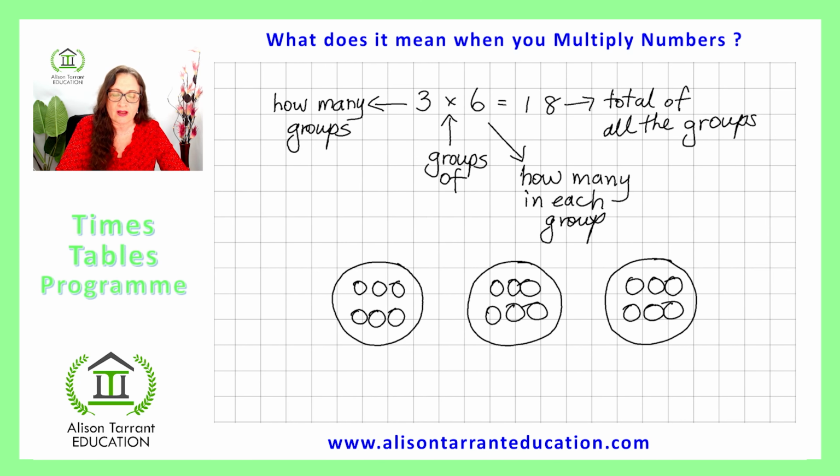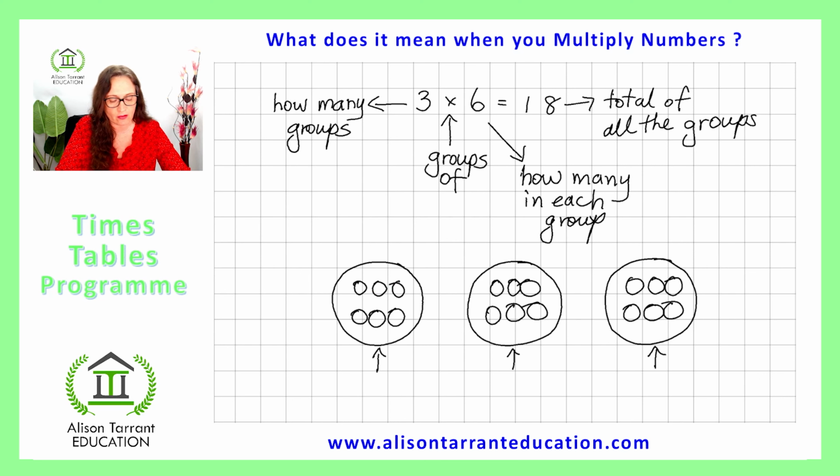And what I've done here now is I've drawn the groups. So this is one group, and then this is 2 groups. And 3 groups, and you have 1, 2, 3, 4, 5, 6 in each group.